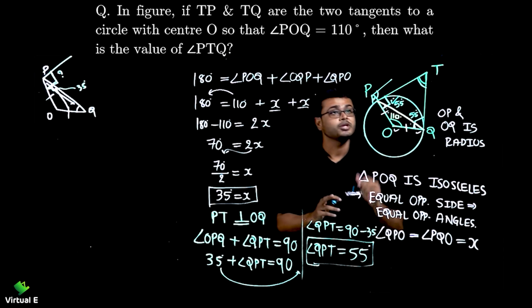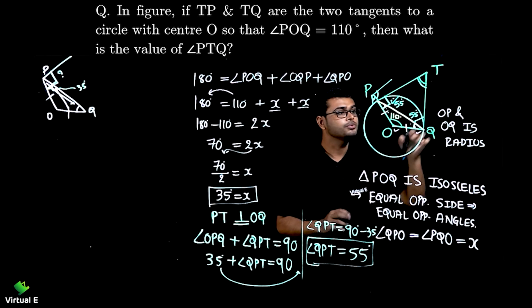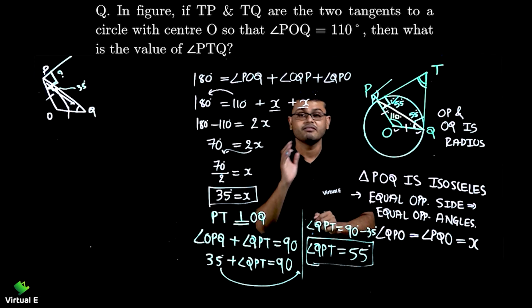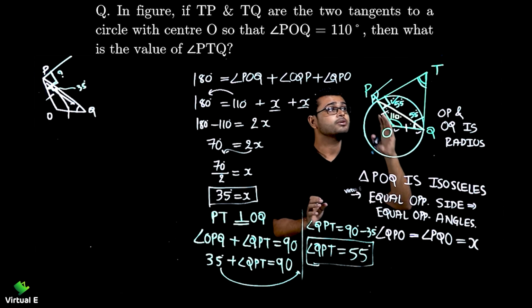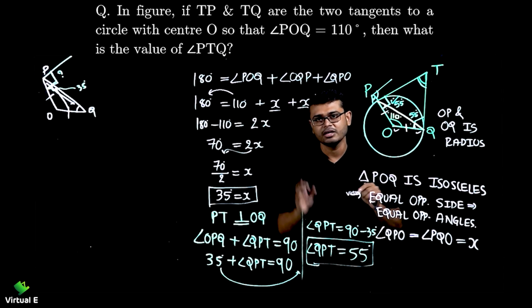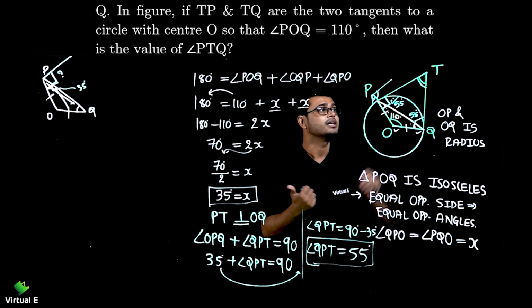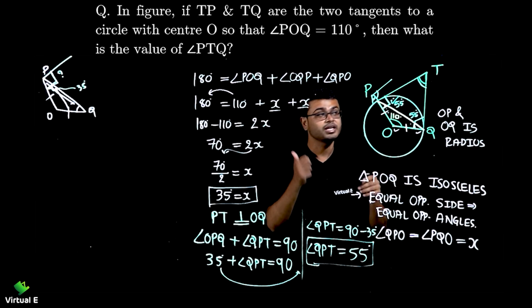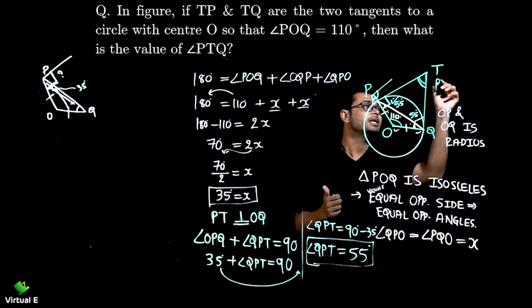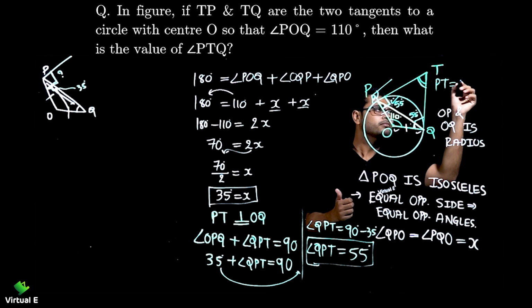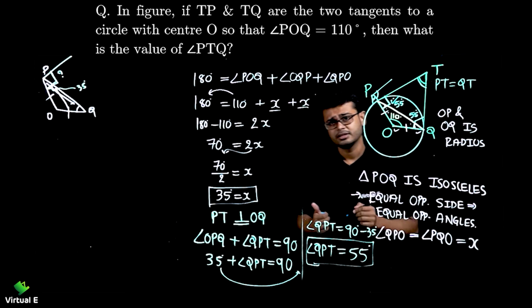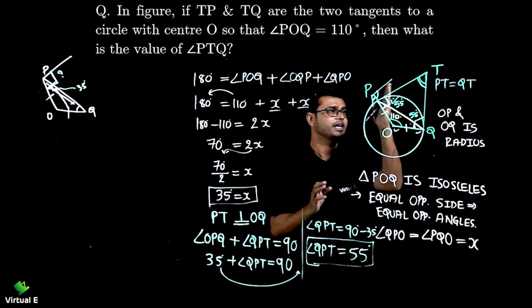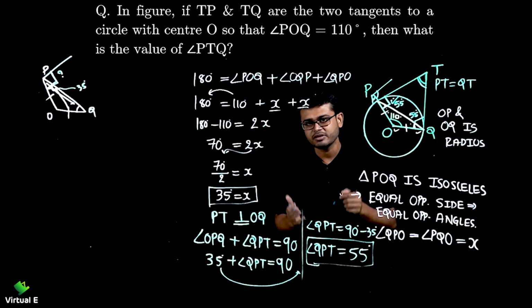Or another way, you can say that PTQ is an isosceles triangle. Why again isosceles? Because we know that these two tangents will be equal. We learned in the previous theorem, right? That these two tangents, if they are from the same point, PT is equal to QT, right? Tangents will be equal. If tangents are equal, opposite angles will be equal.